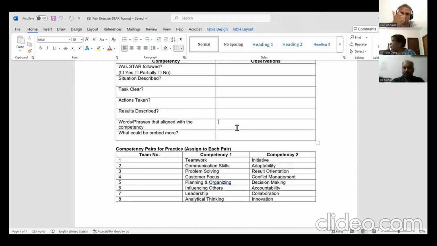Okay, I'll make you do just one more, just to get the clarity. But I want you all to take result orientation. Would you like to do result orientation, or would you like to do analytical thinking or innovation? Which one? Where is a candidate? Okay, all right. I will use KK again because he has some familiarity with positions.